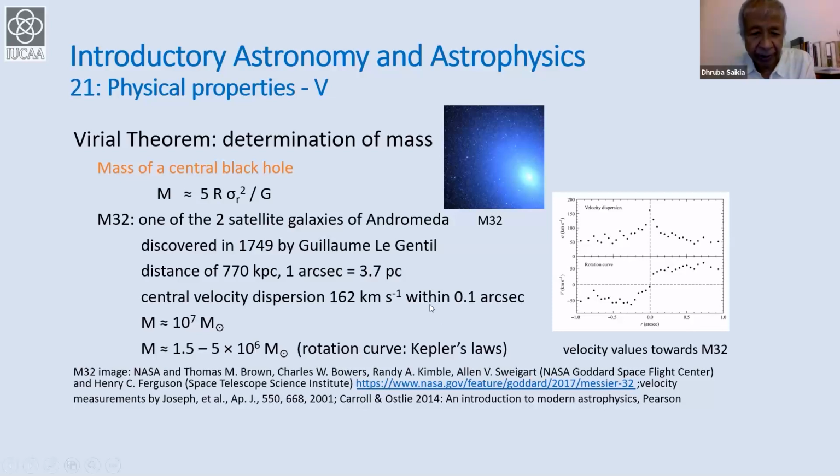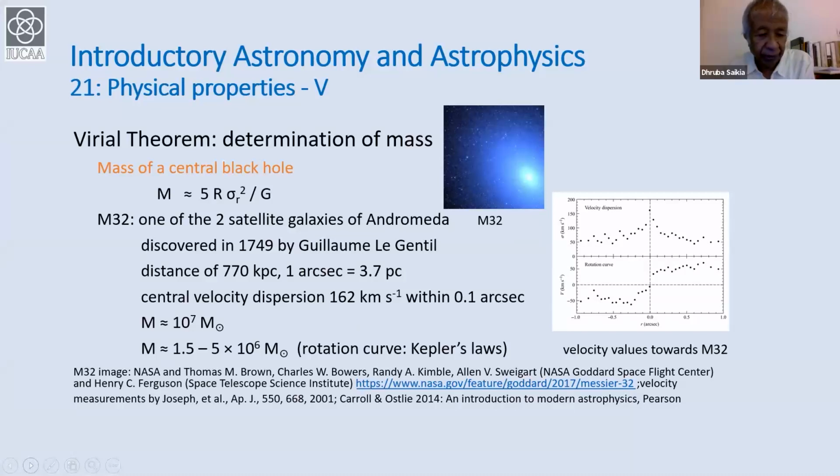From the velocity dispersion, one can estimate the mass to be of the order of 10 to the power of 7 solar masses in the central region of this galaxy. Other estimates give a similar ballpark. It's about 1.5 to 5 times 10 to the power of 6 from a more detailed study of the rotation curve in the central region of the galaxy.